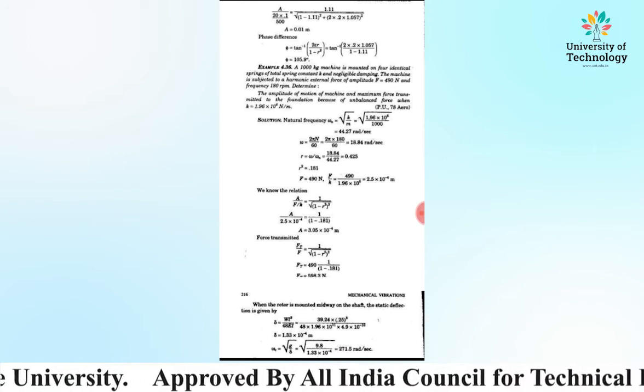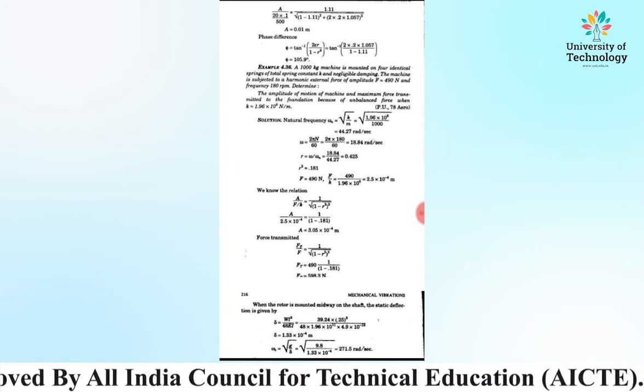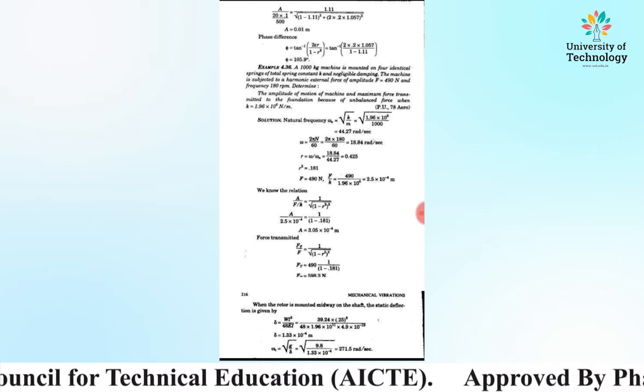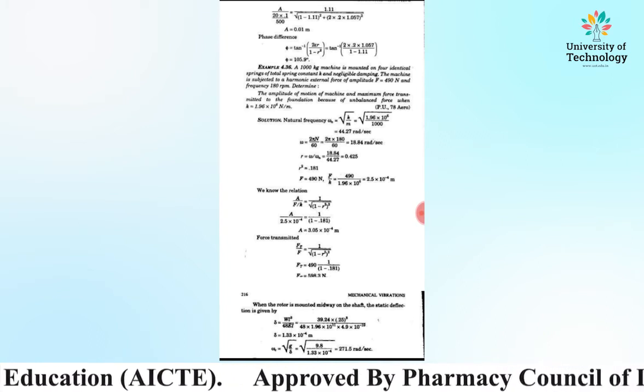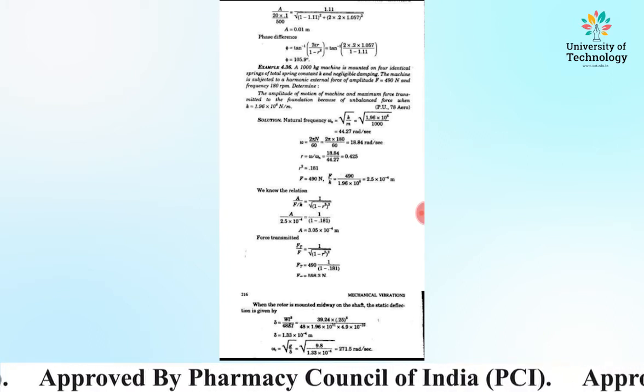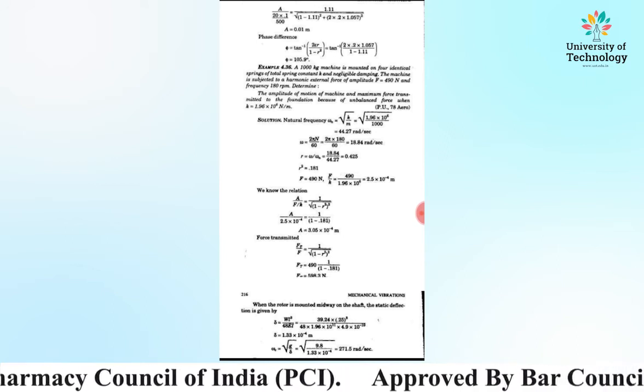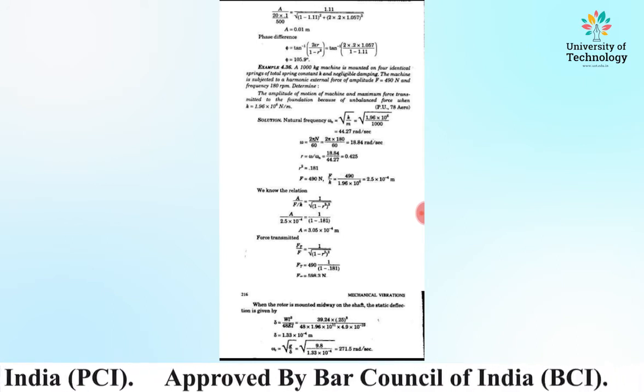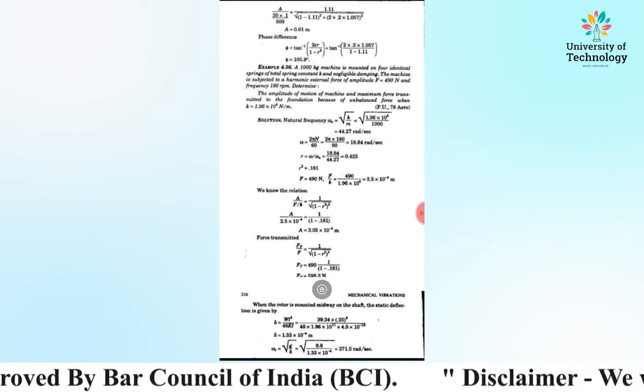The another question is: a 1000 kg machine is mounted on four identical springs of total spring constant k and negligible damping.